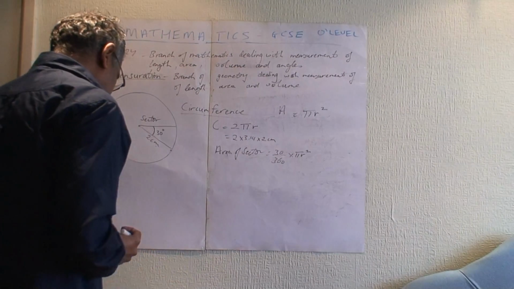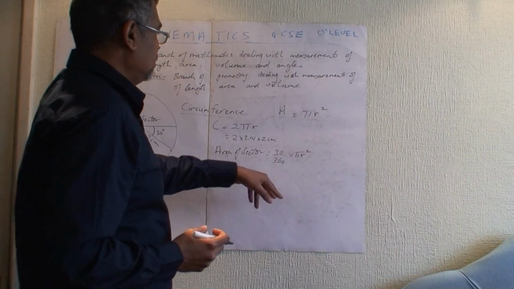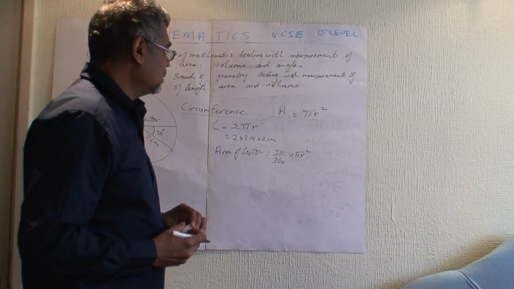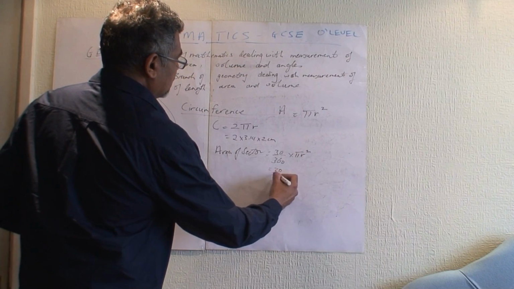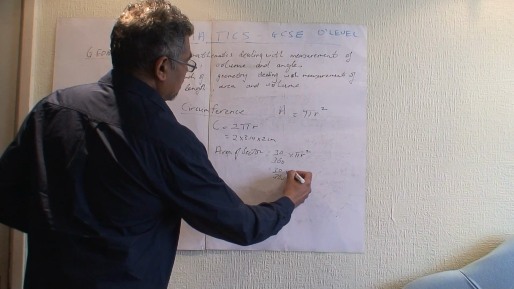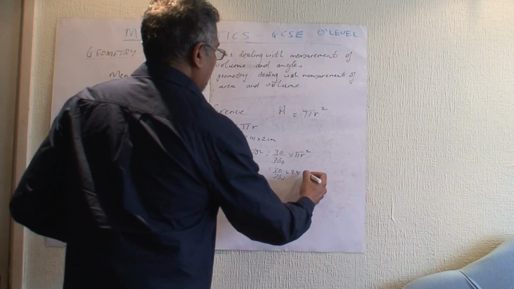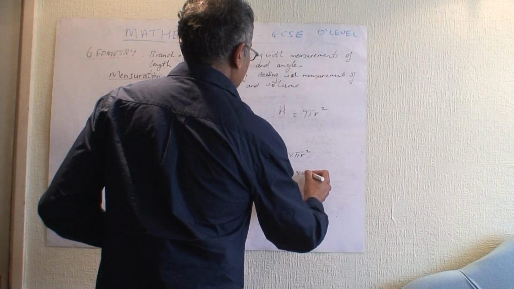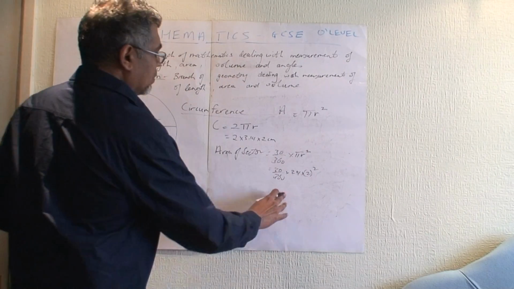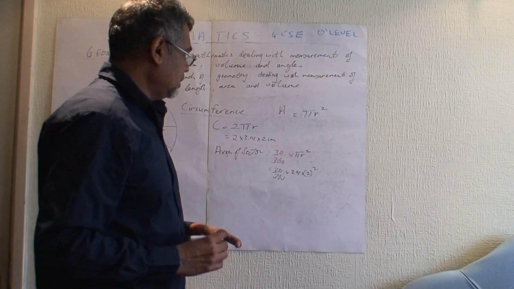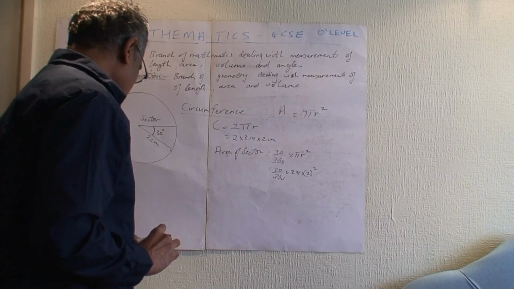You can always work it out on the calculator: 30 over 360 multiplied by 3.14, and then multiply by 2 squared.